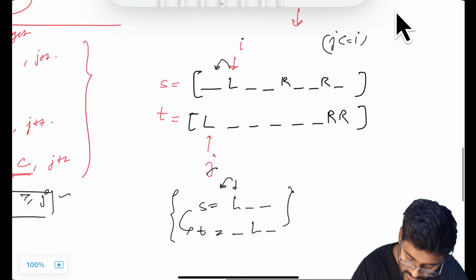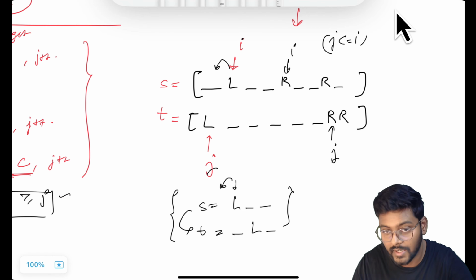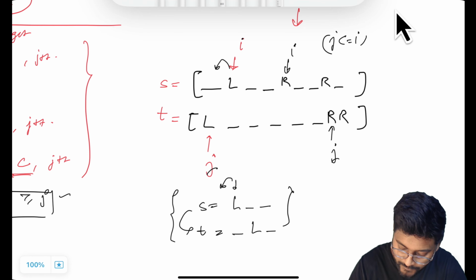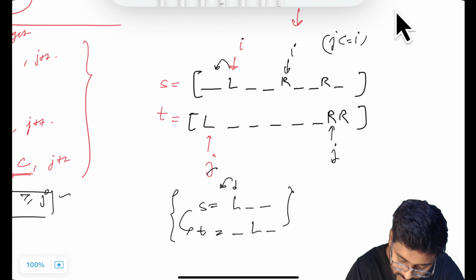Okay. So this is the main condition we have to keep track of. Let's say after some time, my I pointer is at this and my J pointer is at this, because whenever we are at non-empty spaces, we will do something. I is coming here, J is coming here. Now we will see, can I move? Both of these are same.